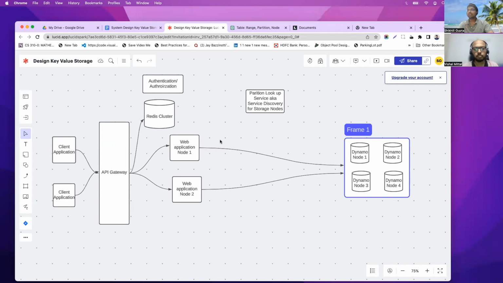Let's say there is a request for a key and value, and I want to insert it into my distributed key-value storage. Now I have to figure out, given a key, which node I have to persist to, right?